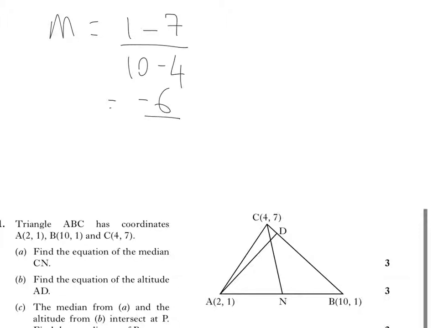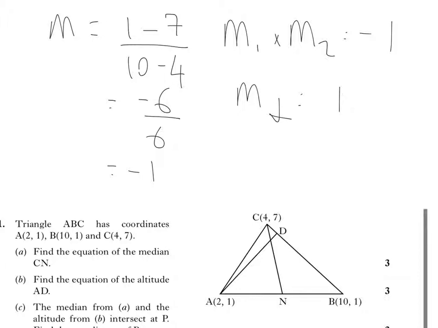That's minus 6 over 6, and that's minus 1. It's then m1 m2 equals minus 1 to find the gradient of the altitude. So flip and invert, minus 1 over 1, flip it over, becomes plus 1 over 1, and that's 1.